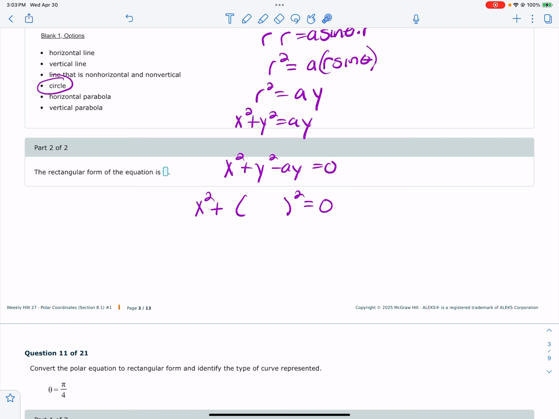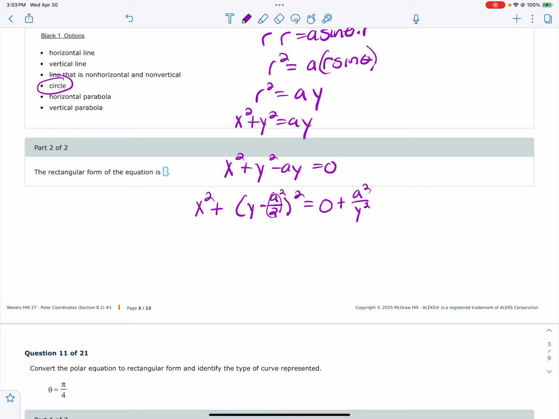And if you remember to do that, we need to complete the square. So to complete the square, you find the magic number, which is this number divided by 2. So it would be a divided by 2 squared that gets added to both sides. And so then this would become x squared plus y minus a over 2 squared equals a squared over 4.